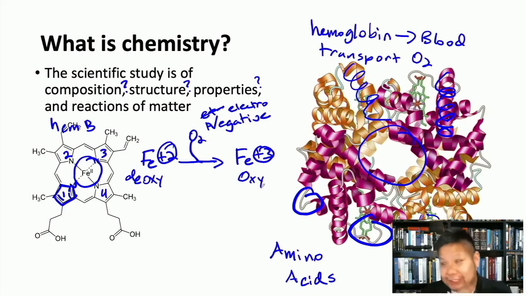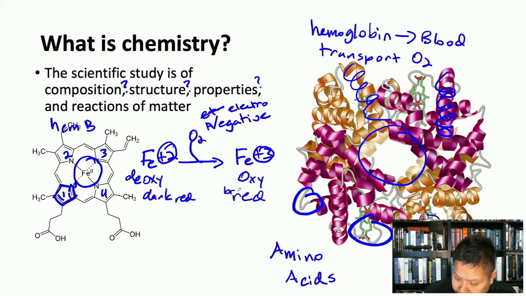And you can actually see this with your eyes, because deoxygenated blood has a dark red color, whereas oxygenated blood has a very bright red color.